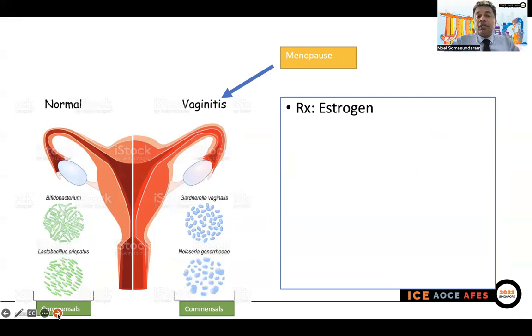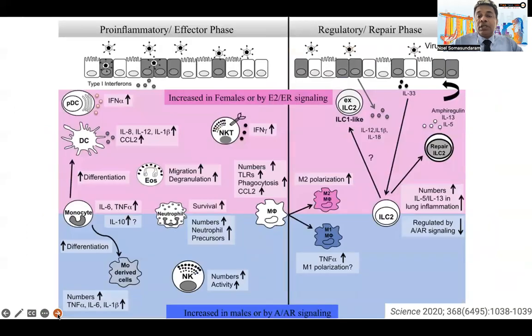Lack of estrogen leads to abnormal atrophic vaginal flora and lack of protection for the woman, and leads to vaginitis, which can sometimes be treated by estrogen topically.